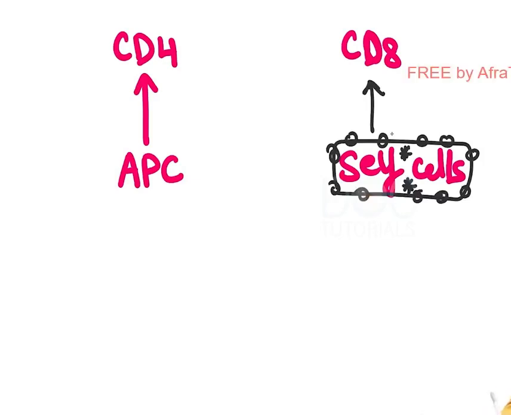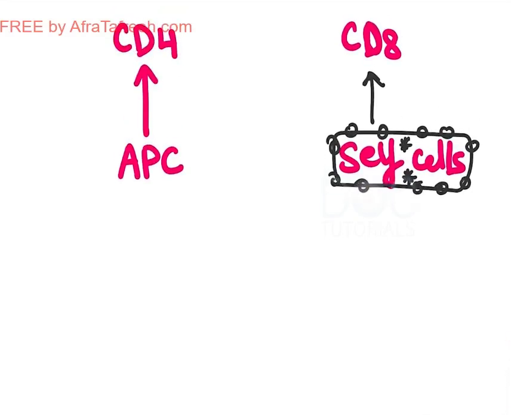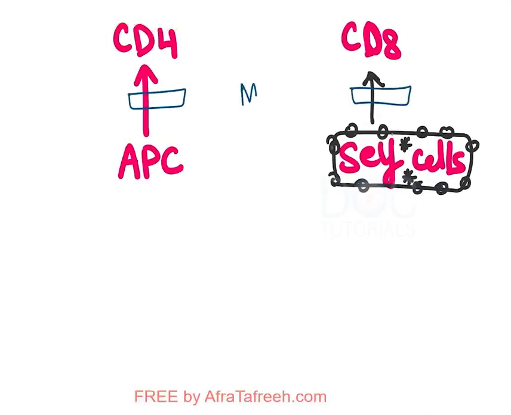So there has to be some peon or some intermediate person who is going to take the message from this side to that side. This intermediate person who helps in taking the messages from here to there is called the MHC complex. So what are these called? MHC complexes.